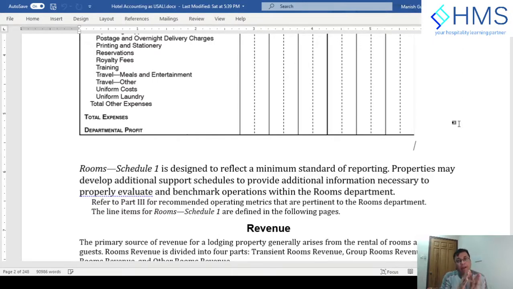You may find the templates are slightly different, because these are standard templates usually prescribed, but your hotel may be following a different platform or template. So you don't have to worry about it. The definitions will remain the same, the calculations will remain the same, and the way to analyze it remains the same. In the next videos, we're going to be learning more about the detailed definitions of these expenses.